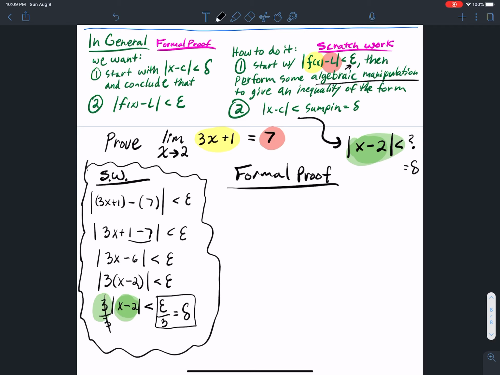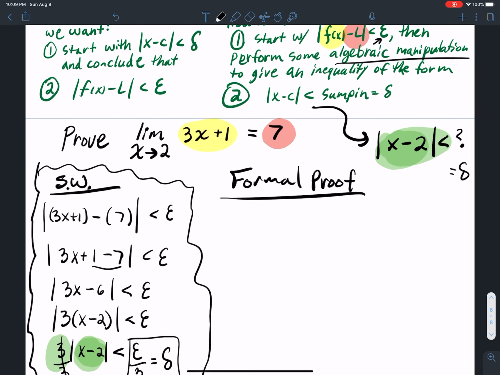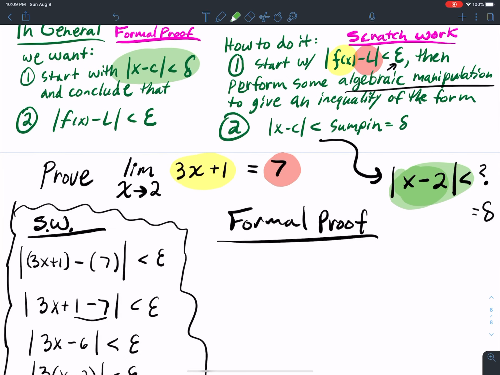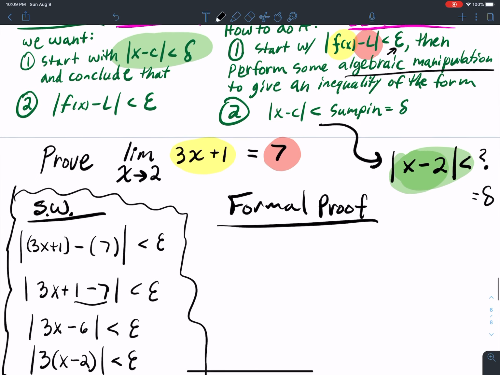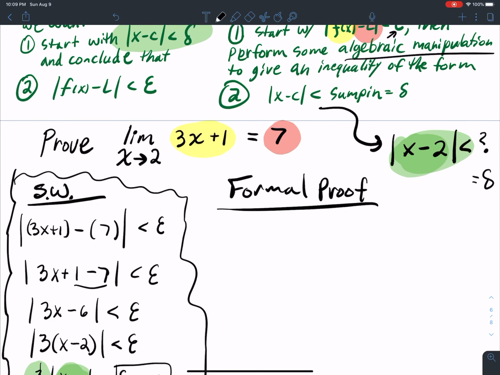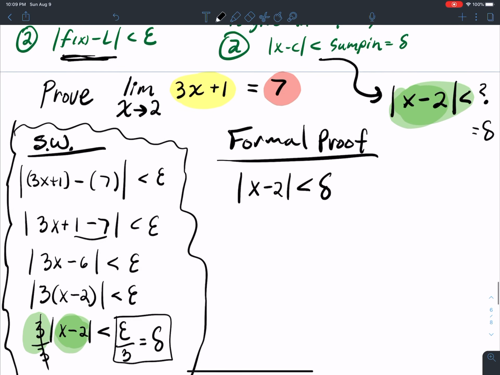Well, we start with the inequality right here, absolute value of x minus c less than delta. So I'm going to say absolute value of x minus 2 less than delta, okay? And then I want to conclude with this right here, all right?